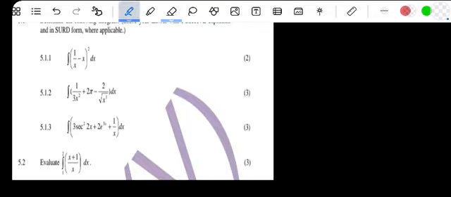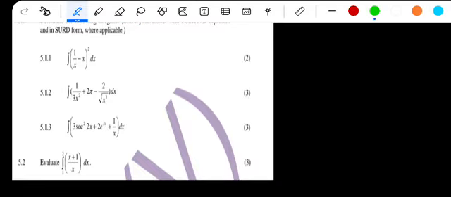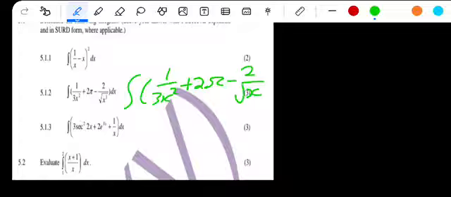We're given again here the integral of 1 over 3x squared plus 2 pi minus 2 over the cube root of x dx.